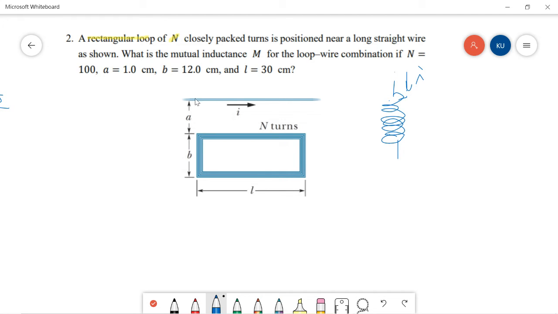And for this case, as long as we have a current going through the wire, it will generate a magnetic field. According to the right-hand rule, it will be something like this.